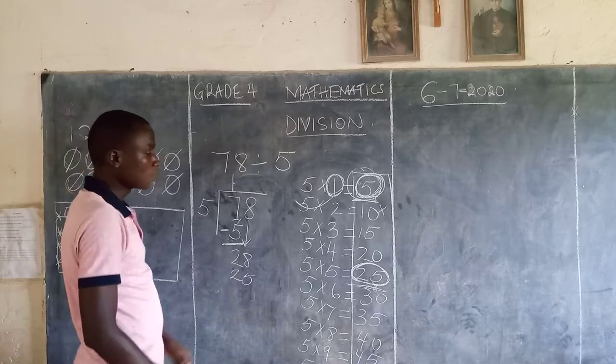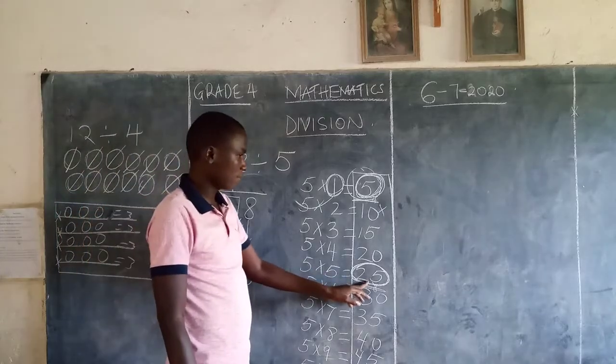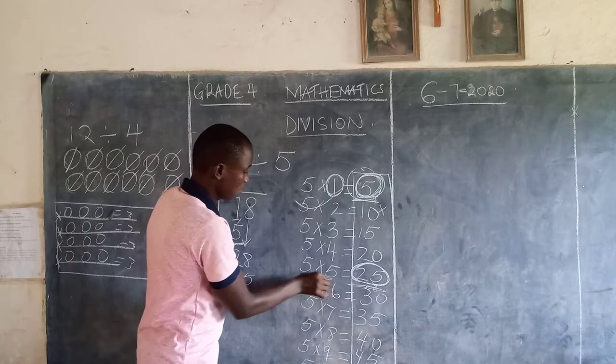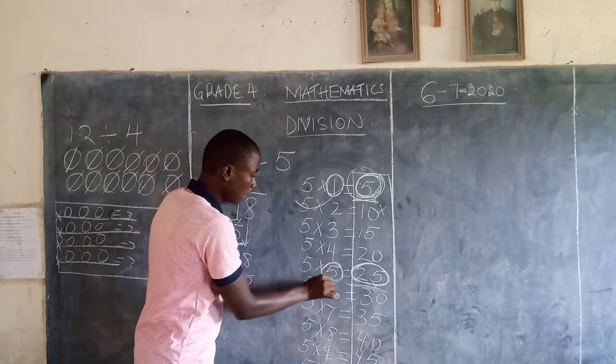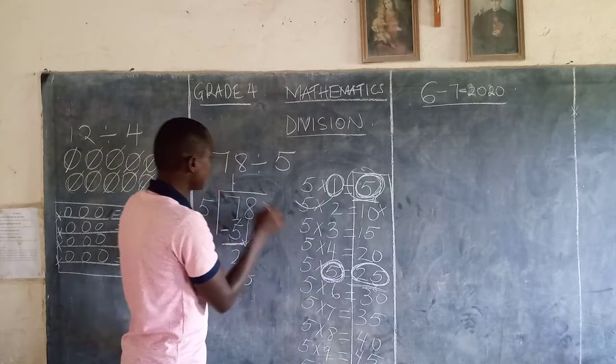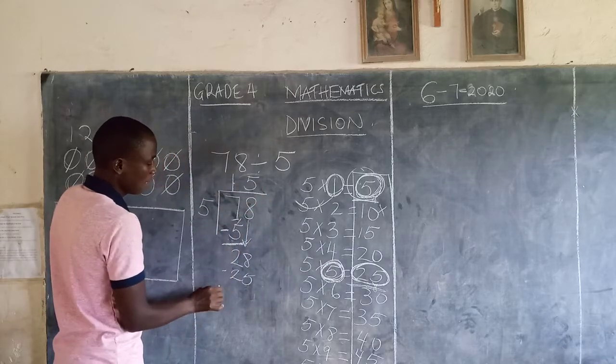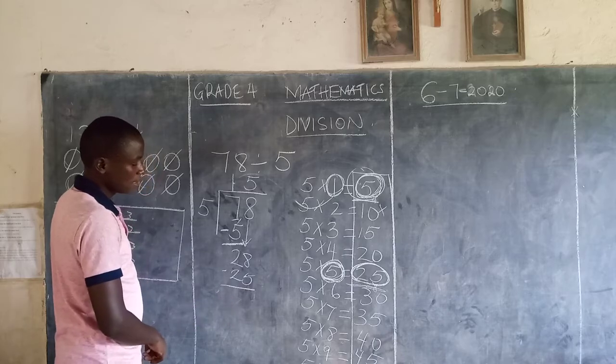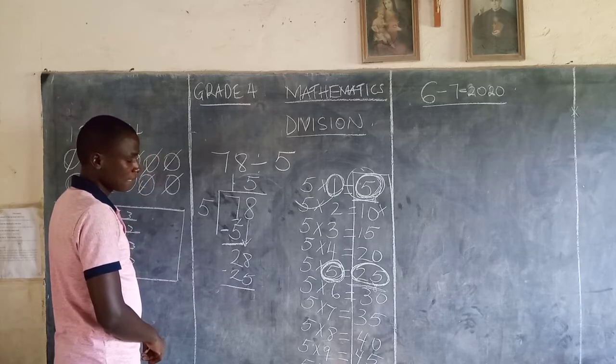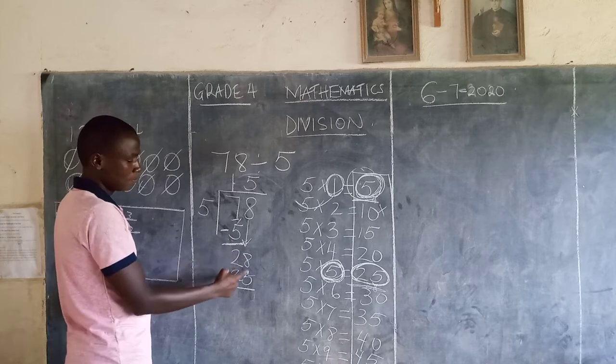Ask yourself, which number was multiplied by 5 to get 25? The number is 5. Take the number that was multiplied by 5 to get 25 and write it above there. You subtract here. When you subtract, what do you get? 28 minus 25. It is 8 minus 5.